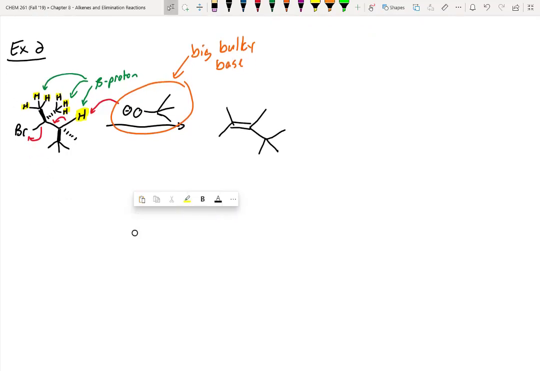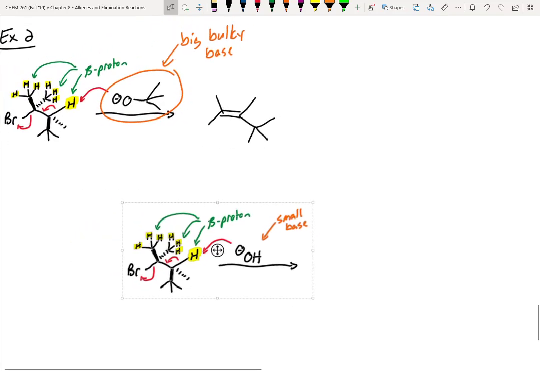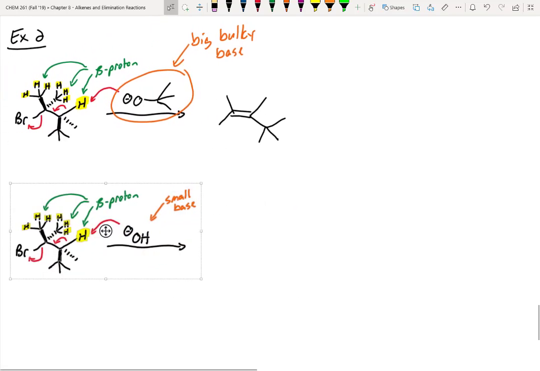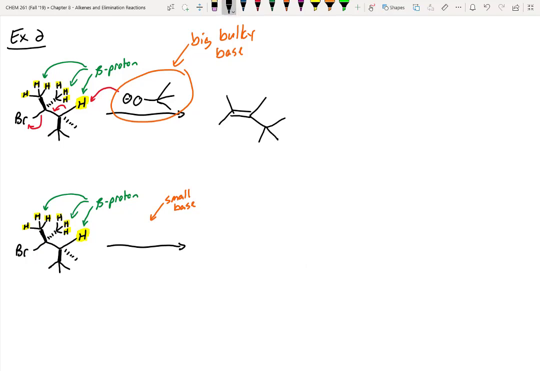Then down here, let's do the same thing. I'm going to erase all my other arrows just to speed things up. If we've got a big bulky base, again, we have different beta protons we can select. In this situation, we're going to go after one of these beta protons. It doesn't really matter which one. I'll just pick a different one this time.